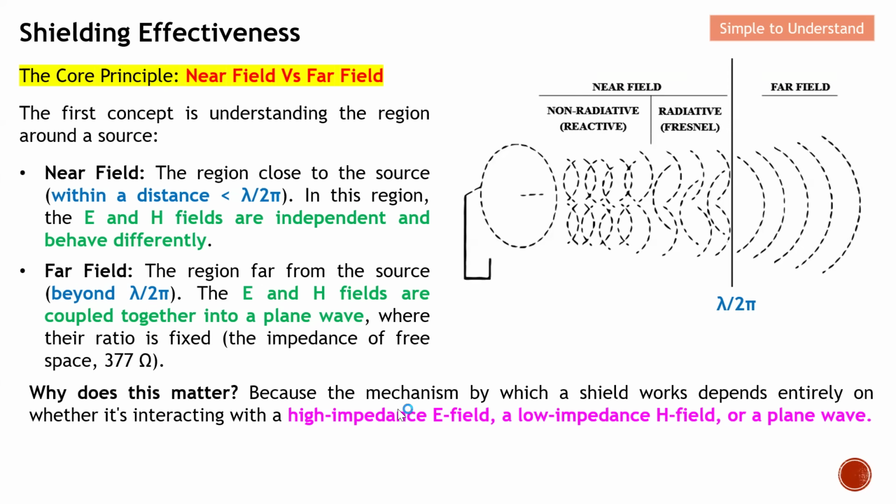Because the mechanism that we design as a shield works differently depending on whether the source is a high impedance E field, a low impedance H field, or a plane wave. So we design accordingly.